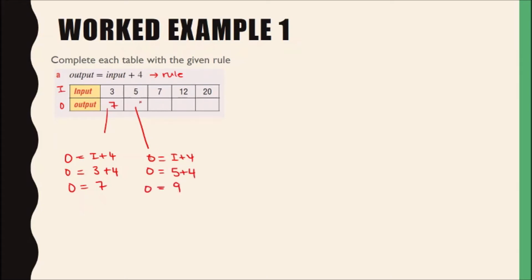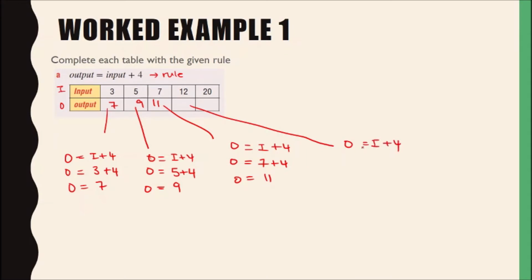It was quite similar to the other video that I made about equivalent expressions, so if you haven't already watched that, you should. I'm just substituting the input values into the rule for you, and I'm using O and I instead of input and output. So output equals input plus 4, which is the rule.